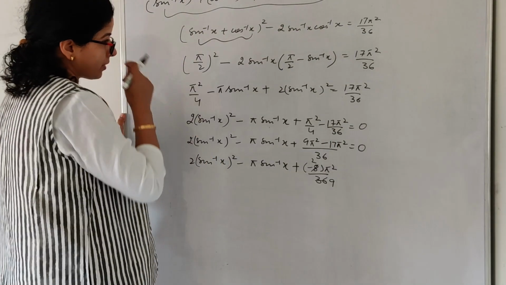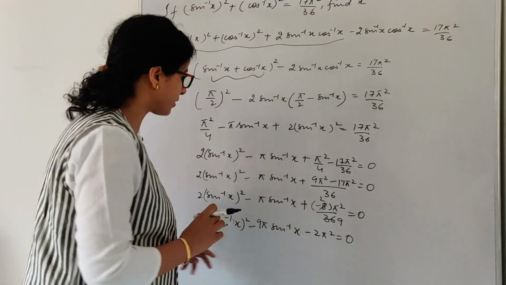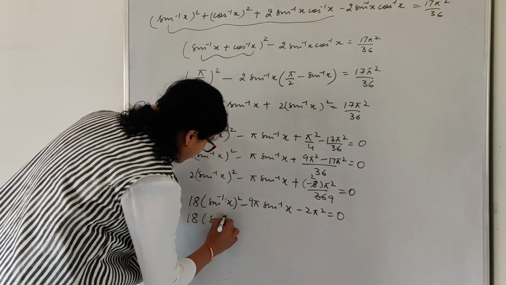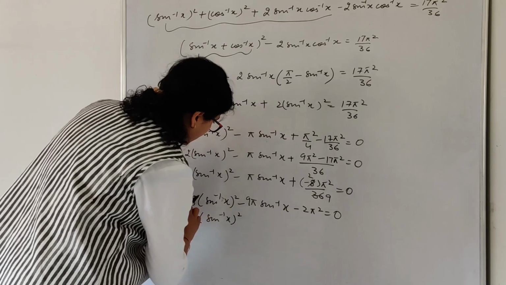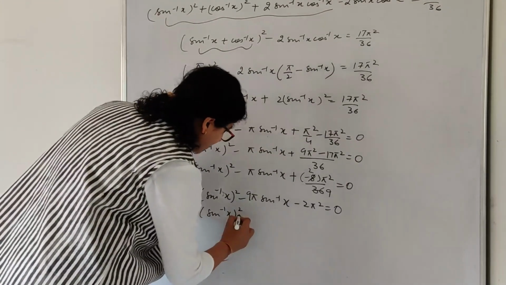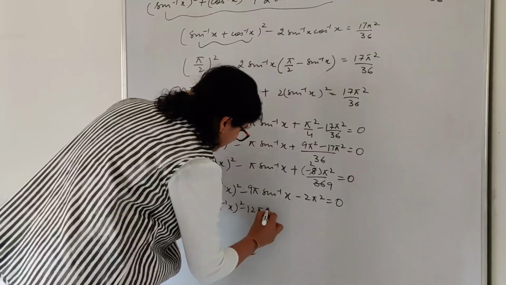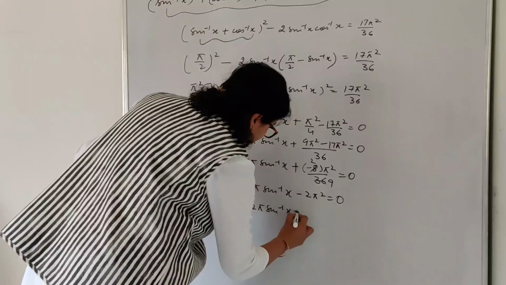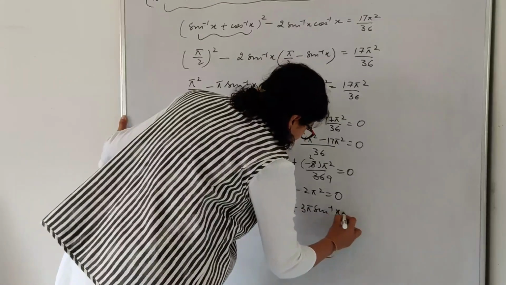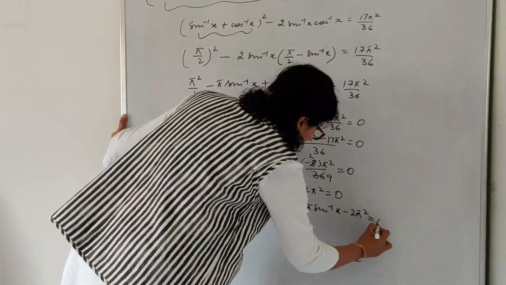Make it a quadratic equation. So this is my required quadratic. Now I will find the factors of this. So 18 sine inverse x whole square, and 18 2s are 36. I want the factors for 9, so 12 3s are 36. So minus 12 pi sine inverse x plus 3 pi sine inverse x minus 2 pi square equals 0.